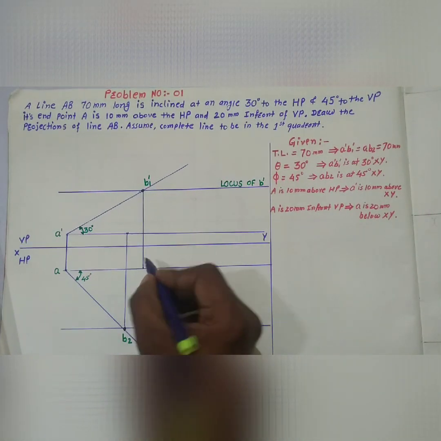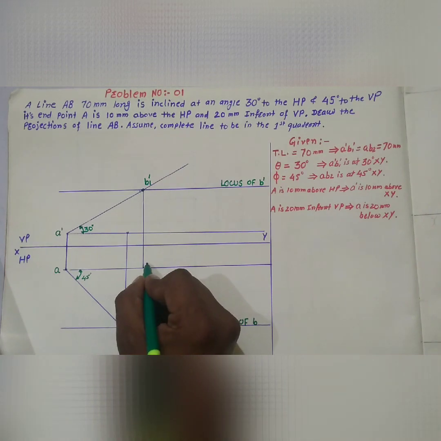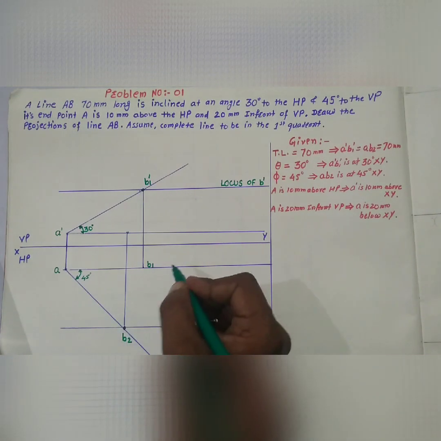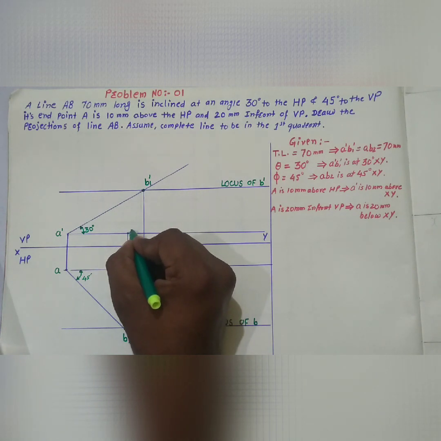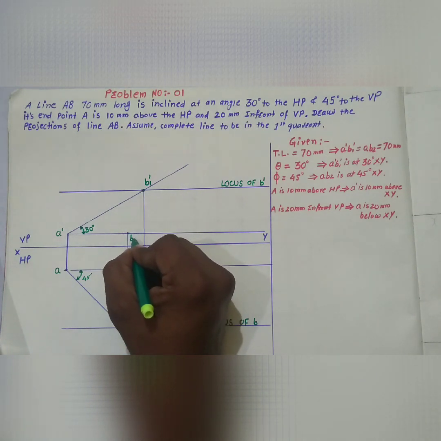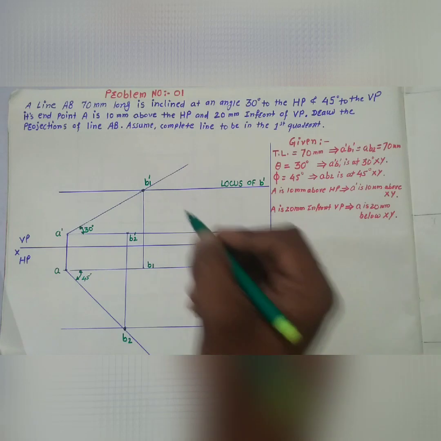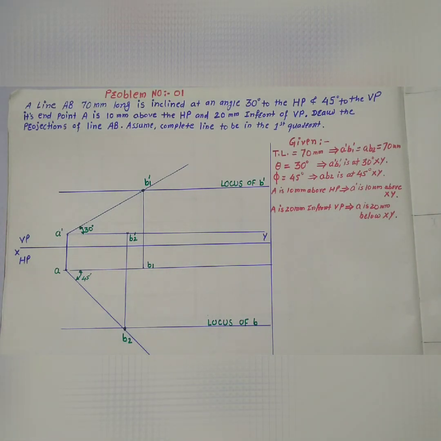When you shift this point up to B dash, this point becomes the B2 dash point.